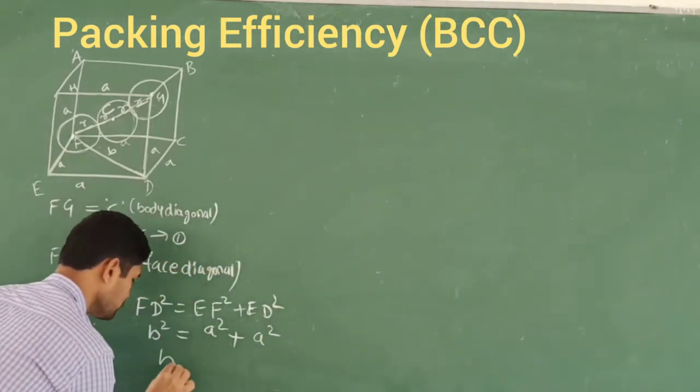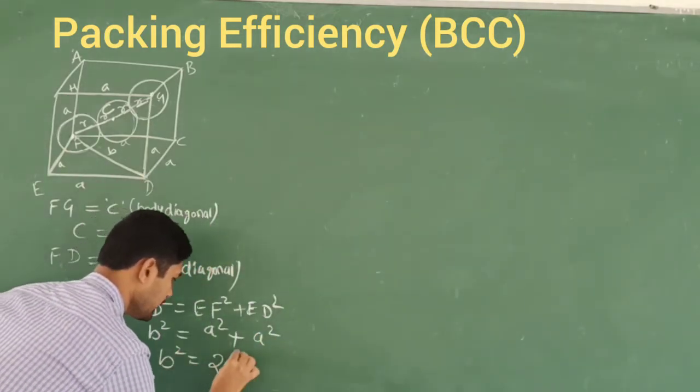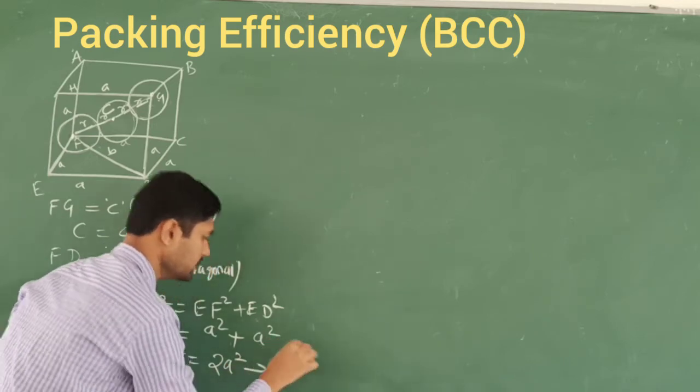So total B square is equal to 2A square. I am going to call this equation 2.